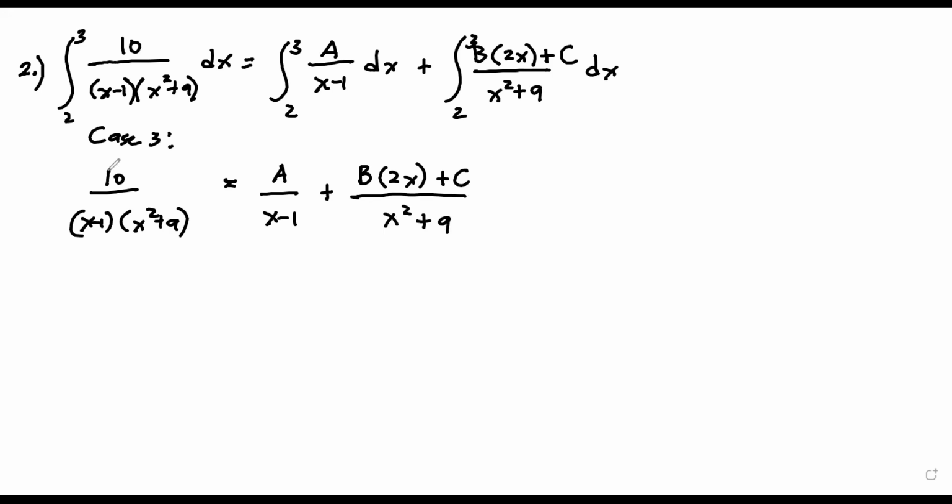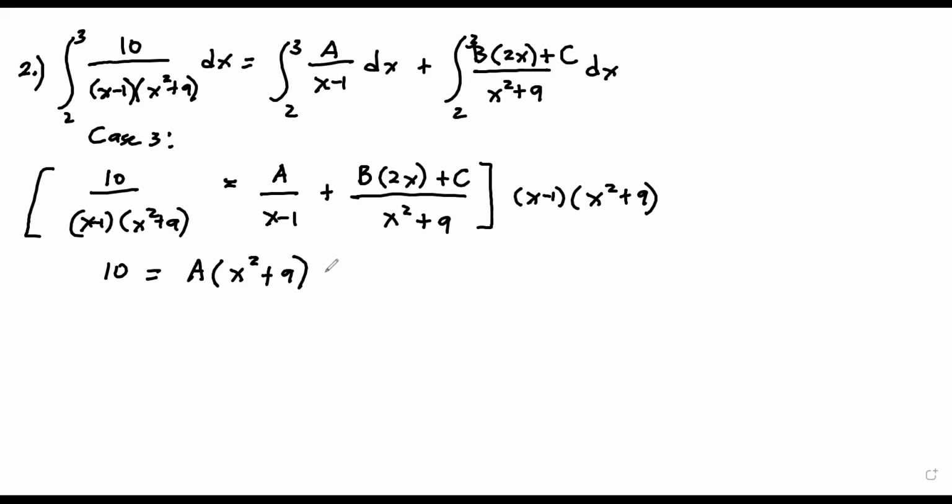Get the LCD. The LCD is x minus 1 multiplied by x squared plus 9. So we're going to divide our denominator by the LCD times the numerator. So we will have 10 equals A times, cancel this, we'll have x squared plus 9 plus B times 2x plus C, may matitirang x minus 1.